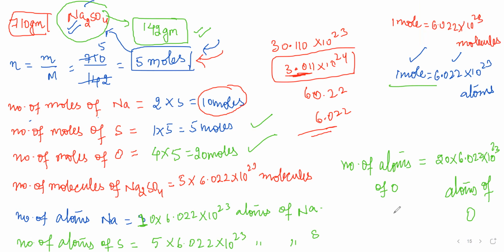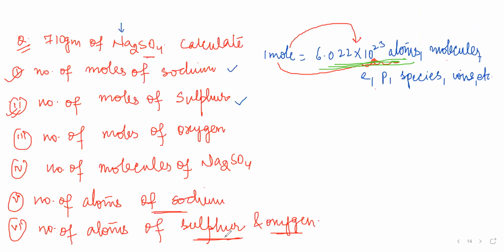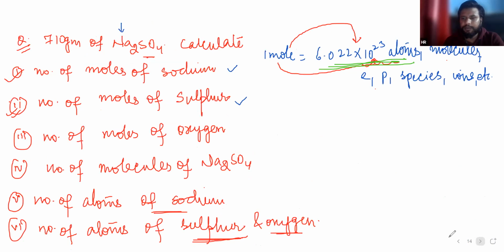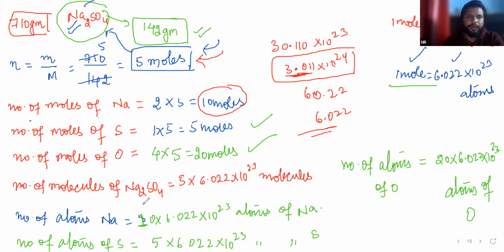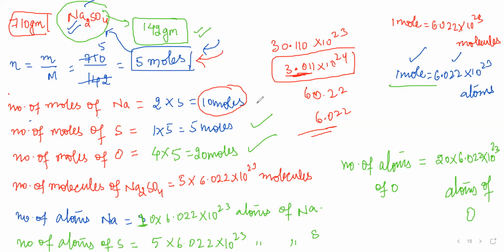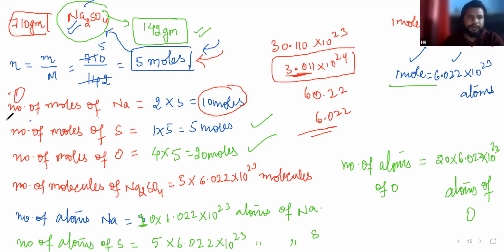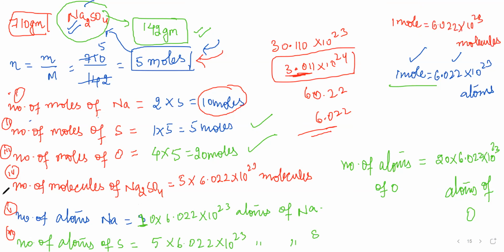Sir, actually, there is a sixth part, sir. You haven't done that. Sixth part, number of sulfur and oxygen. Just see. This one is the first, second, third, fourth, fifth, and here it is sixth. Sir, oxygen we have to find separately, right?